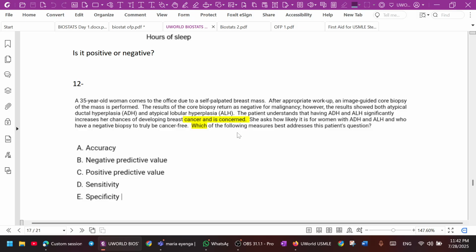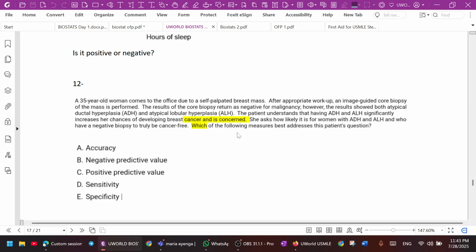A 35-year-old woman comes to the office due to a self-palpated breast mass. After appropriate workup, an image-guided core biopsy of the mass is performed, and the results of the core biopsy return as negative for malignancy. However, the results showed both atypical ductal hyperplasia and atypical lobular hyperplasia.